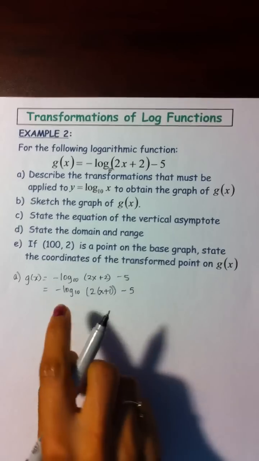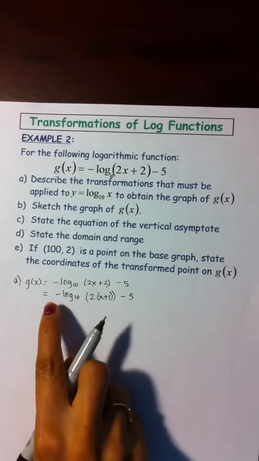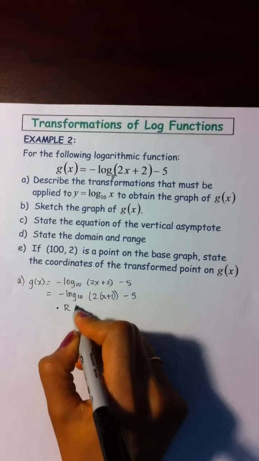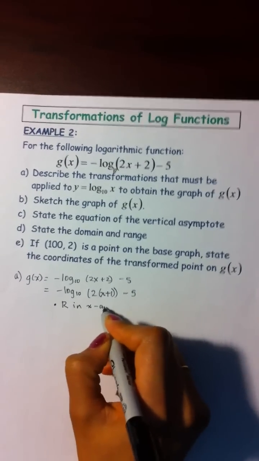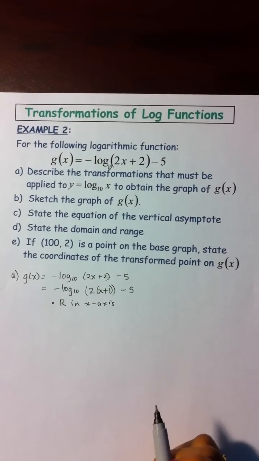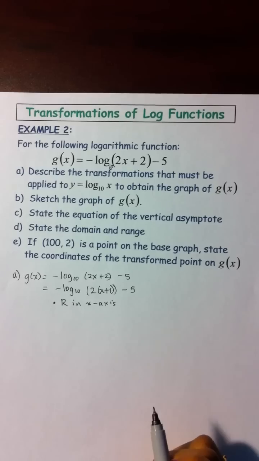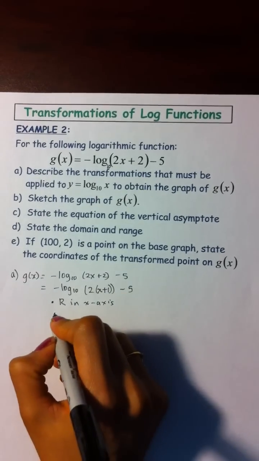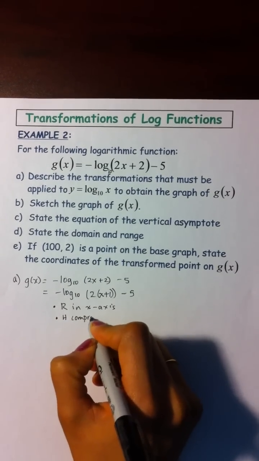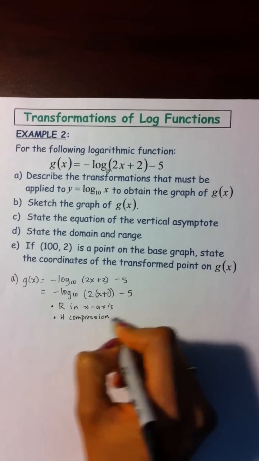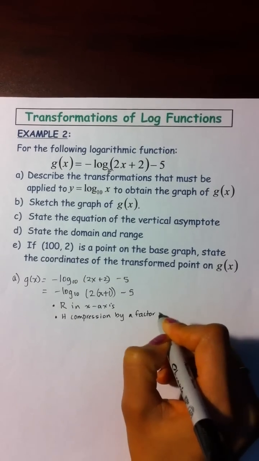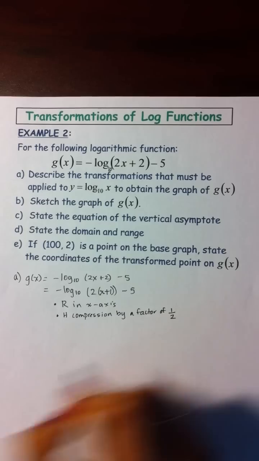Now going ahead and describing what each one of those parameters means. The negative here is a reflection in the x-axis. The 2 here is going to be my horizontal compression by a factor of 1/2.